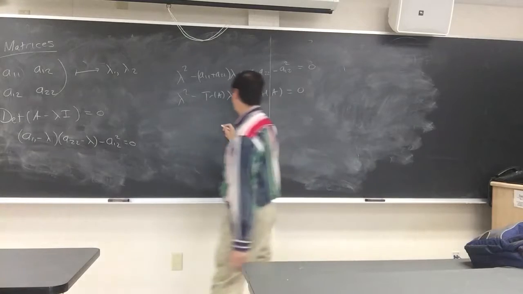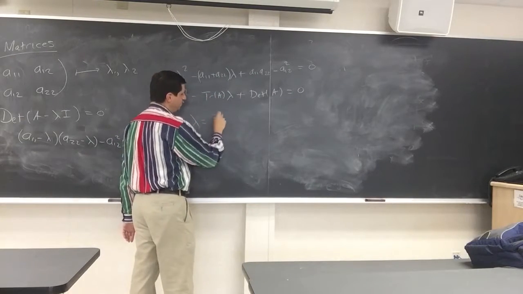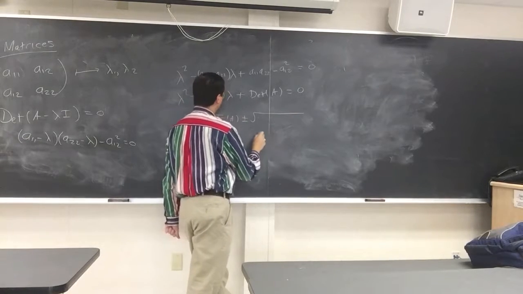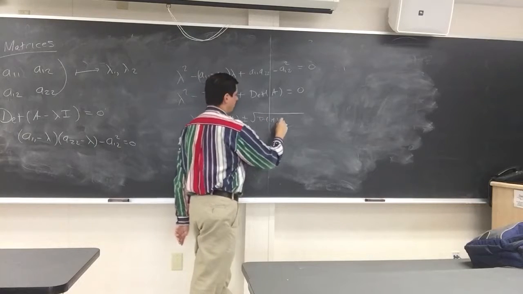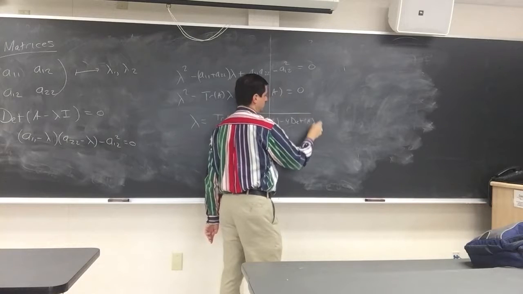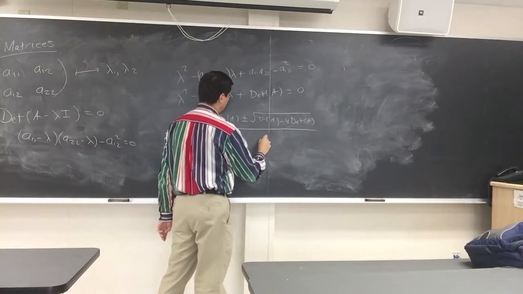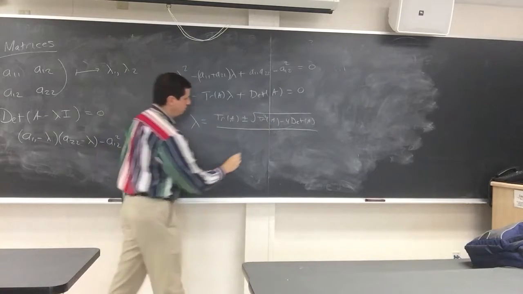So now we get lambda equals what? Negative b, so it's going to be the trace of A plus or minus the square root of b squared, so the trace of A squared, minus 4 times the determinant of A, all over 2.